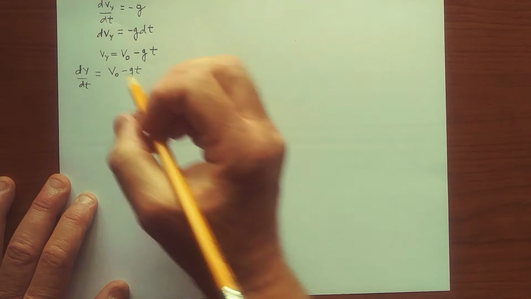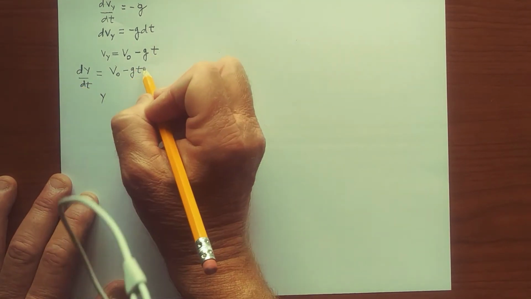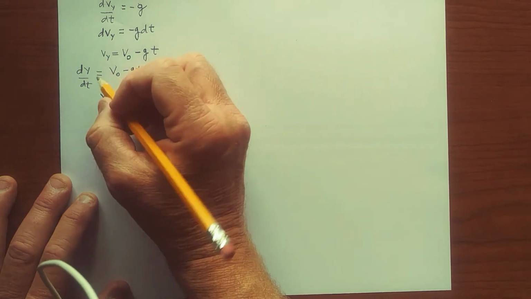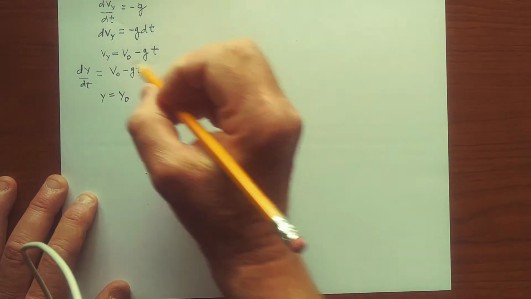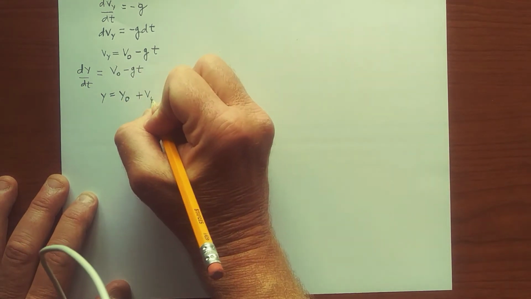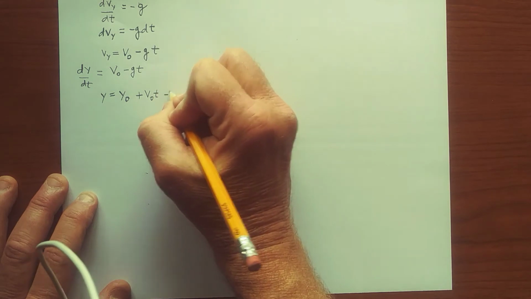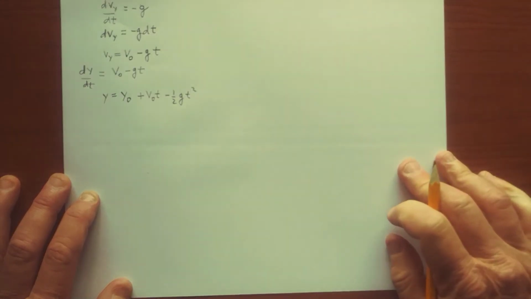And so we get our y value, right? So we're going to multiply by dt, then we'll integrate dy to get y. We have to add an integration constant. And when we integrate this in time, we get a plus v naught t, and this one we have minus 1/2 gt squared. We're familiar with this.